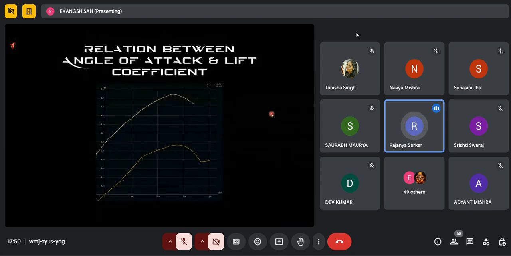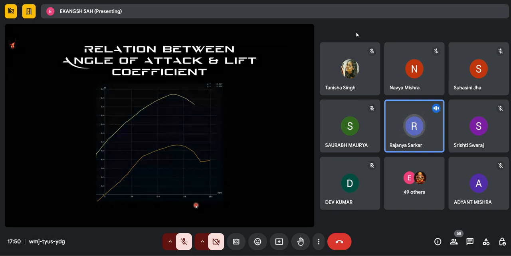Okay, so here we can see we have two plots of CL versus alpha of two different airfoils. This plot is extracted from the software known as XFLR5. We use this in order to plot CL versus alpha graphs and many other characteristics of an airfoil, right? So now I have a question for you.